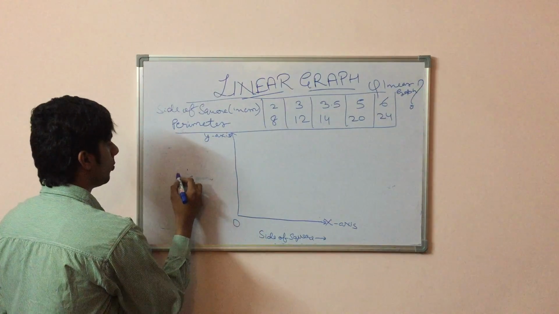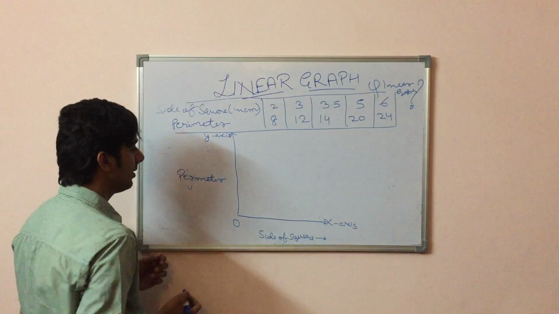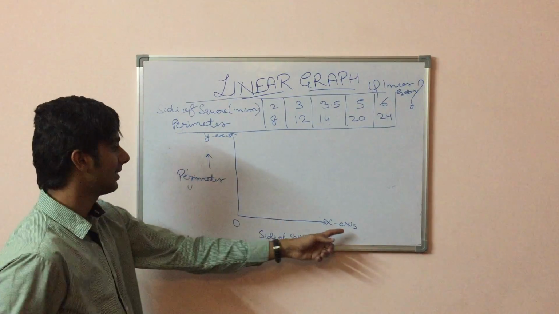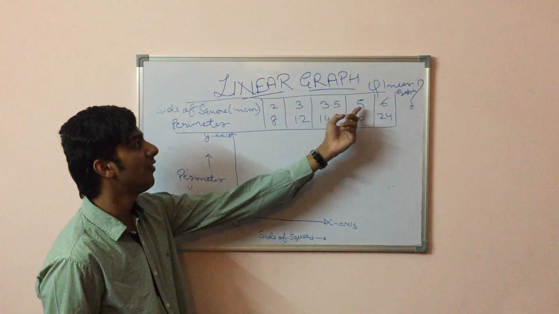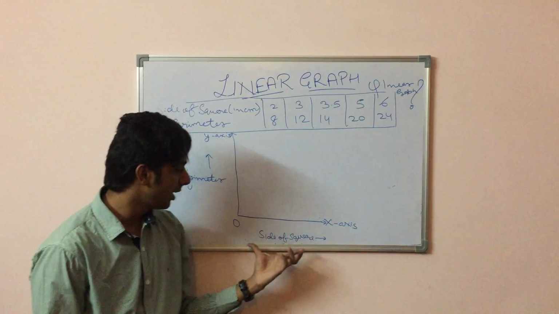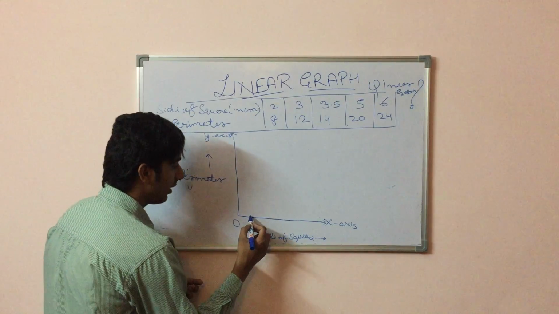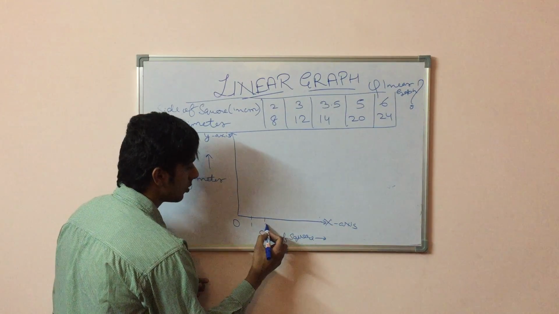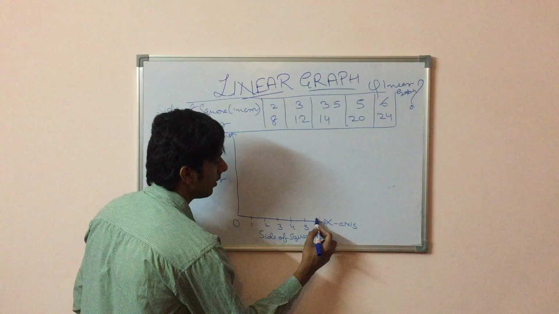And take the perimeter over here. So now 2, 3, 3.5, 5 and 6. I think we can take 1 unit as our scale, because it is easy to draw. These numbers are not that big actually. So we will take these numbers as 1, this is 2, this is 3, this is 4, 5 and 6.